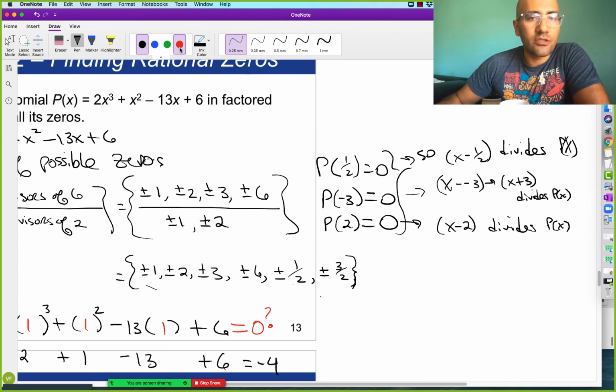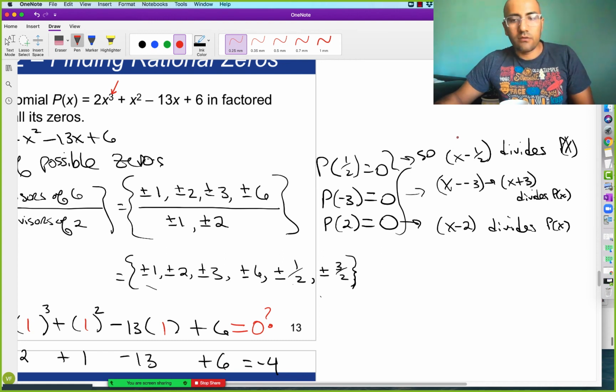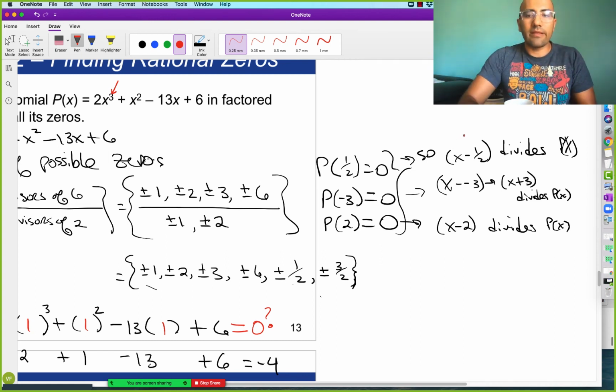In the next section, there's a theorem that lets us know that this guy right here gives us a clue as to how many there's going to be. There's 3 here, there's 3 there, so there's a connection there. There is a little more complication to that, and we're not going to cover the next section, so we're not going to talk about that.